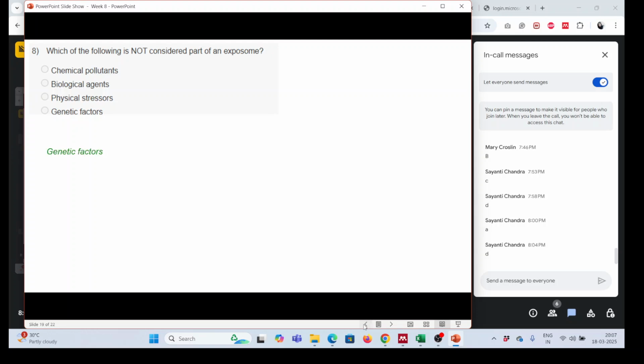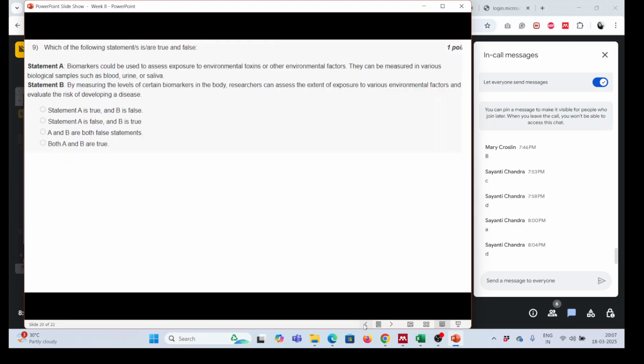The correct answer is genetic factor, option number D. Because those are environmental, internal and external factors, which can be chemical, biological and physical, not genetic. Which of the following statements are true and false?